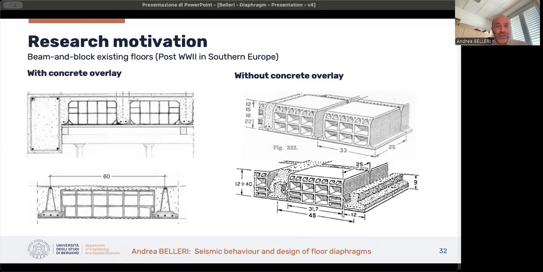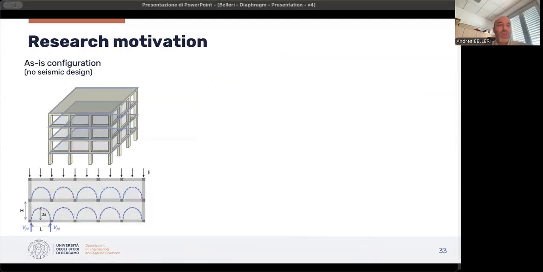Also, in the right-hand side, without the concrete overlay, the floor can still carry some horizontal load transfer. And this mainly happens thanks to the development of compression arches in the floor spans that could transfer load thanks to these floor units.